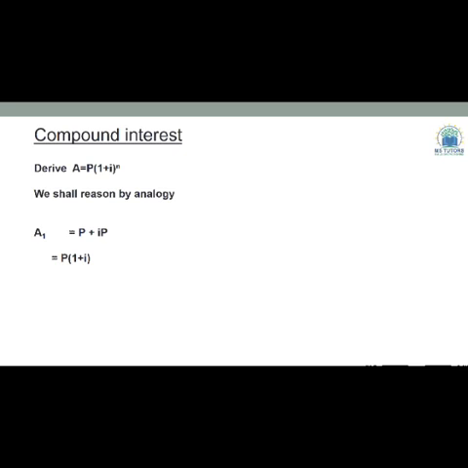Now let's look at the accumulated value by the end of year 2, right? So now we see that the accumulated value is going to be the funds in the account at the beginning of year 2, which is the first term on your right hand side, plus the interest earned in year 2, right?